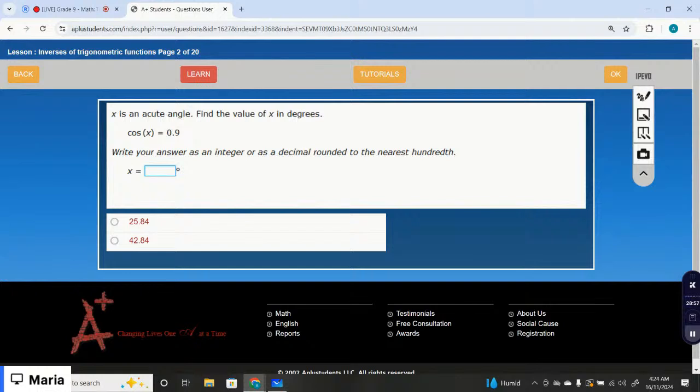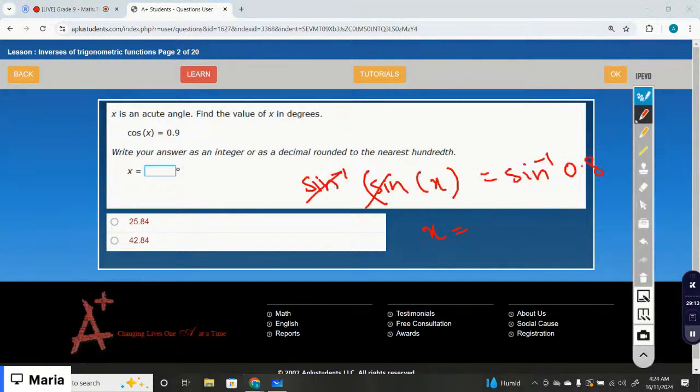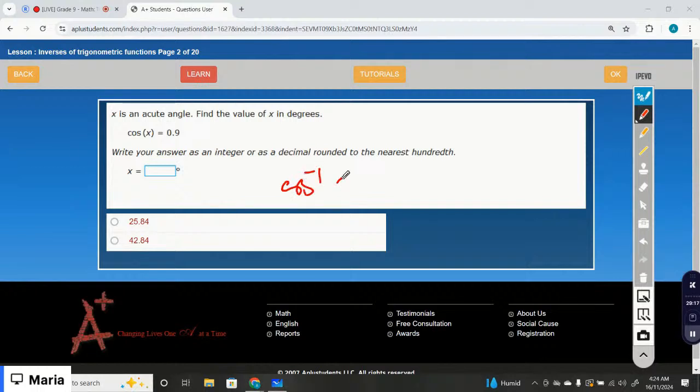X is an acute angle. Find the value of X. Cos X equals 0.9. So you have to evaluate cos inverse 0.9. Cos inverse cos of X. That means you have to calculate cos inverse 0.9, right?